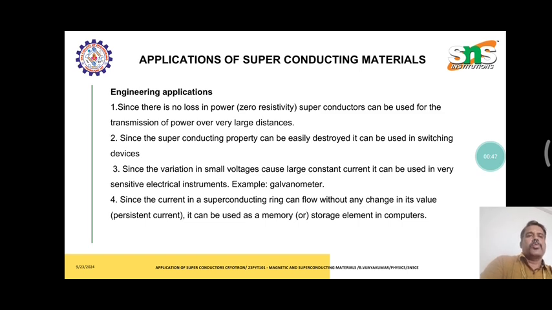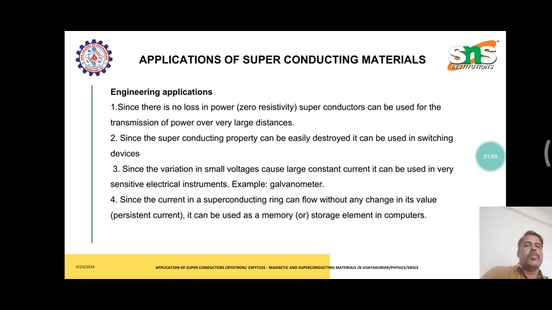The engineering applications of superconducting material: since there is no loss in power, the superconductor can be used for the transmission of power over very large distances. The superconducting property can be easily destroyed, so it can be used in switching devices.